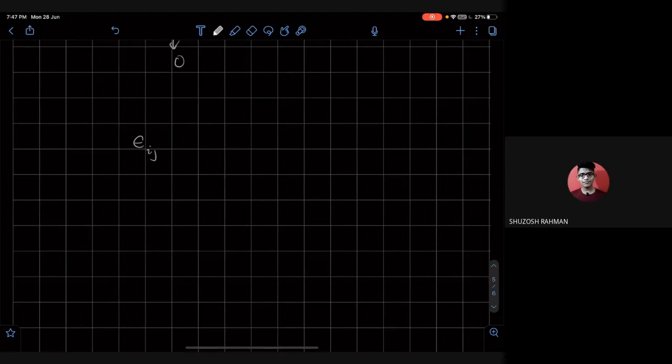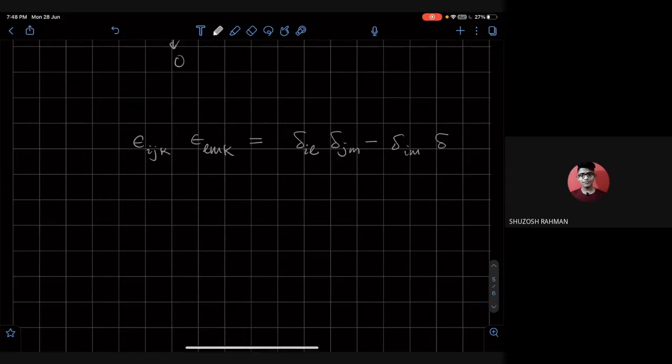If you have an epsilon tensor, epsilon_ijk, and you have another epsilon tensor, epsilon_lmk, so you're summing over k. K is a repeated index, okay? So this is going to be equal to delta_il delta_jm minus delta_im delta_jl.